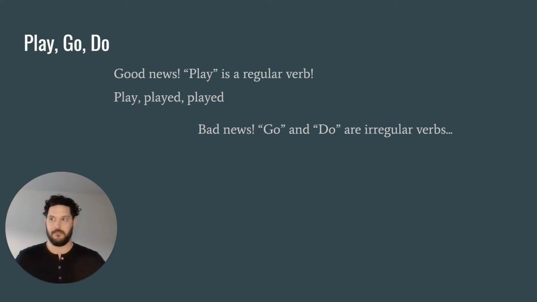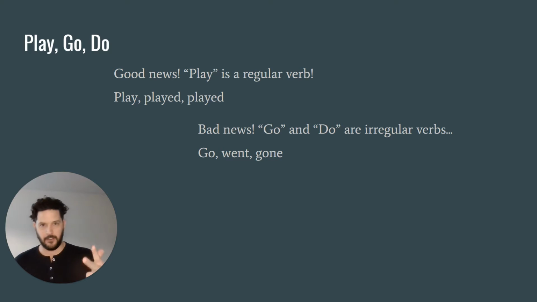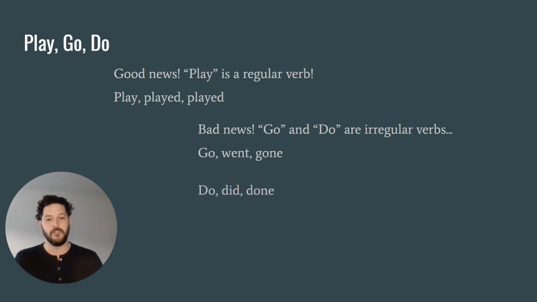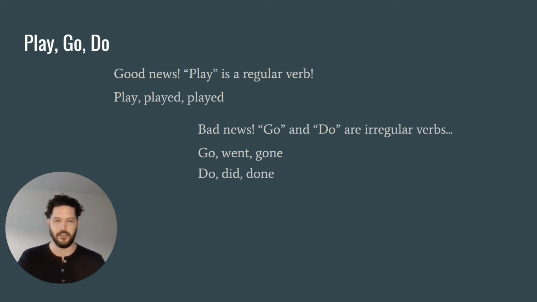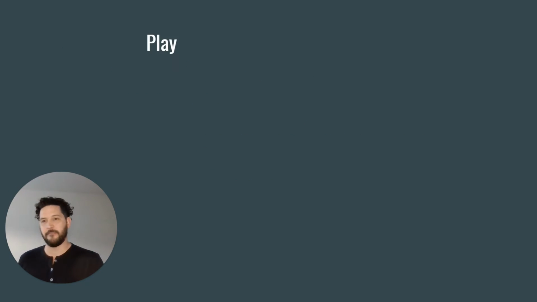We use them a lot. All right, so go becomes went and then gone. So go, went, gone, all right? And then I'm sure most of you know do, did, done. Okay, so those are the three parts of every verb that you want to know for the verbs play, go, and do. So let's get started.